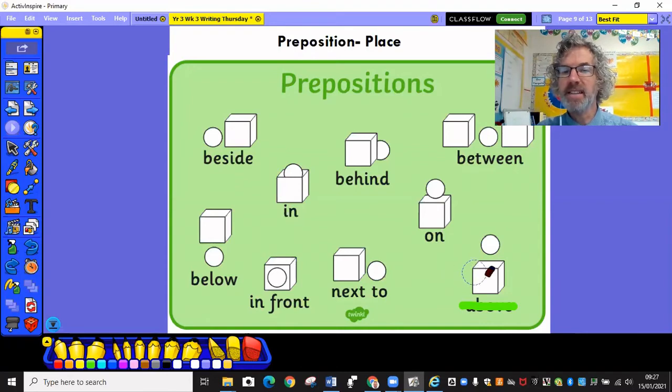And finally, this last one, it's not the same as on. The ball is not on the box this time. It's floating above. Great. So there are some simple prepositions of place that I'd like you to use in your writing today.